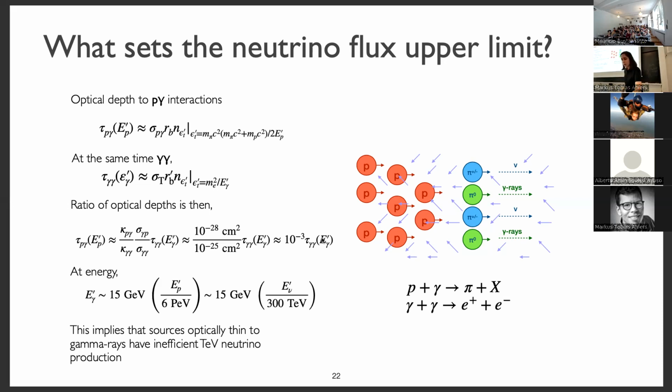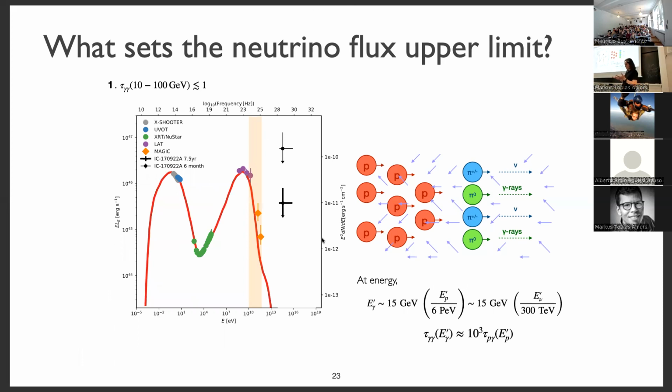Now, if we want a lot of neutrinos, what else can we do if we cannot have very efficient neutrino production? Nobody?